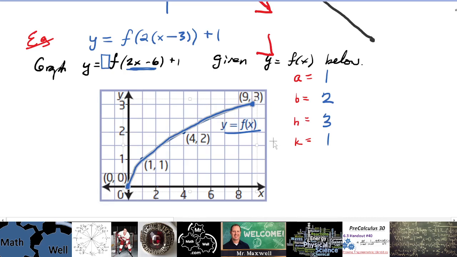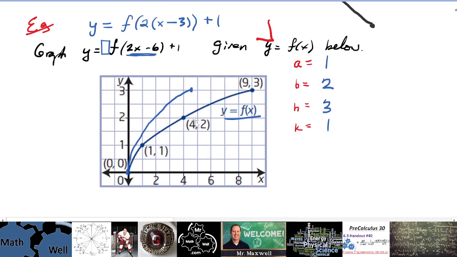So let's see if I can do this. B is horizontal. Okay, so 9, I'm looking at this top point here, 9 goes to about 4.5. So if I did this right, the 4 times 1/2 should be 2.